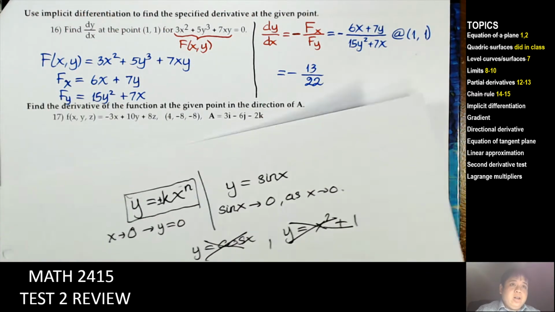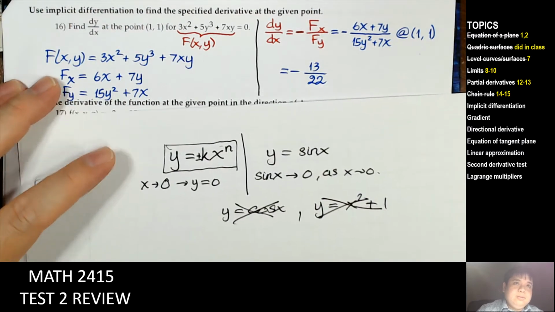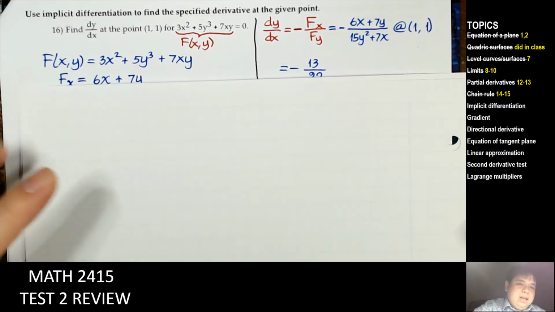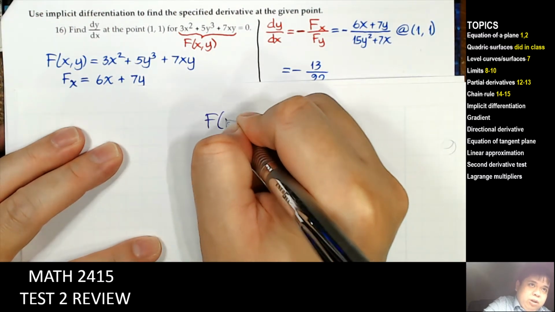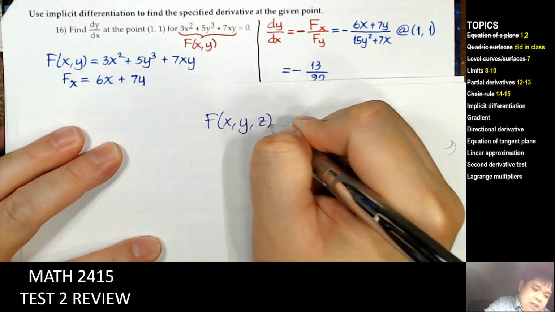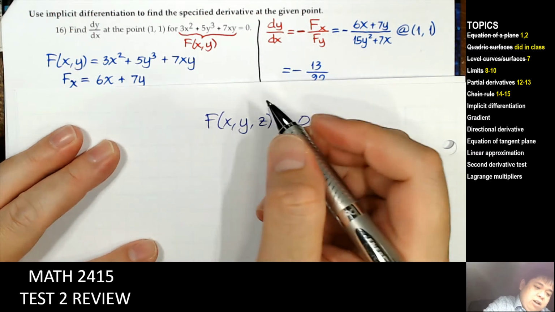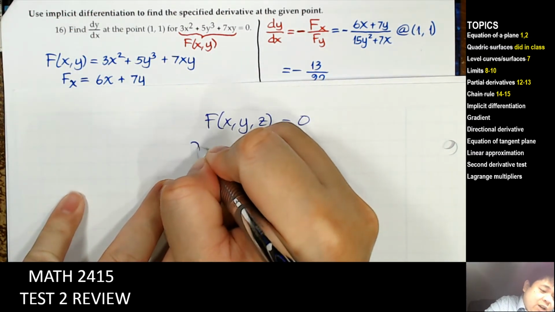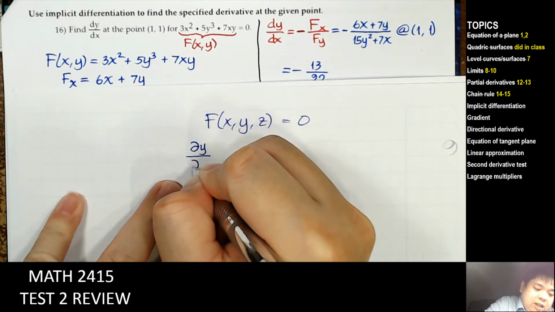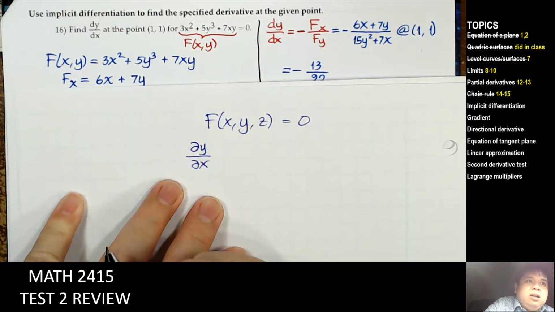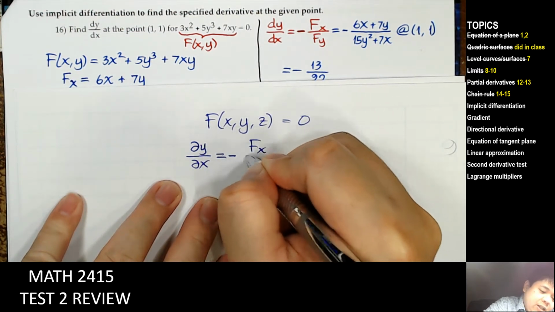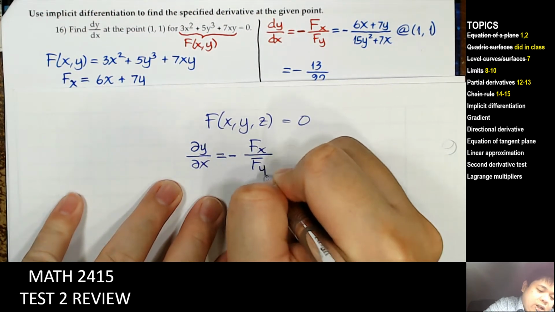If we have a function of 3 variables, and then we want to find the derivative of y with respect to x, we're going to do negative f of x over f of y.